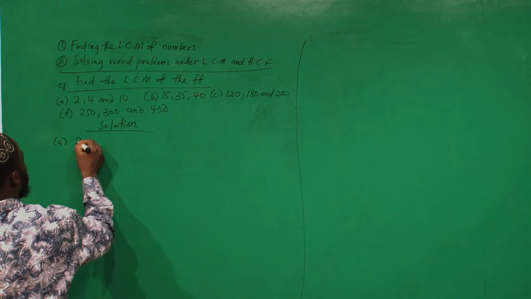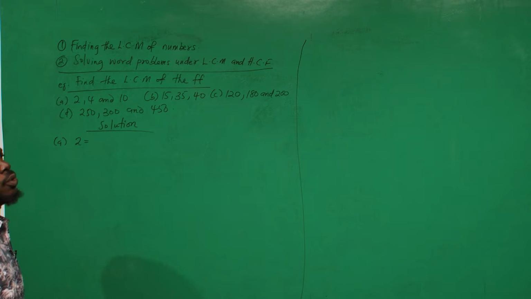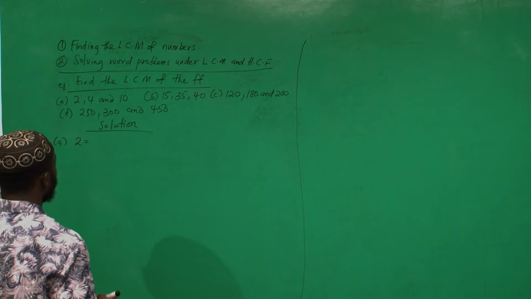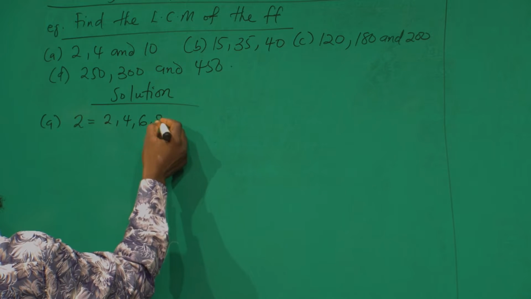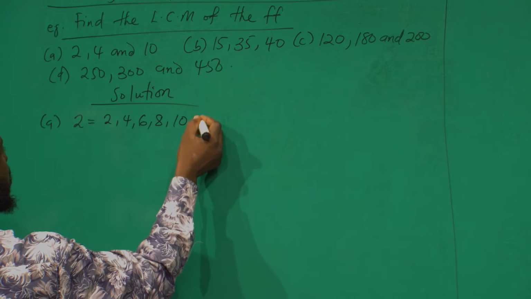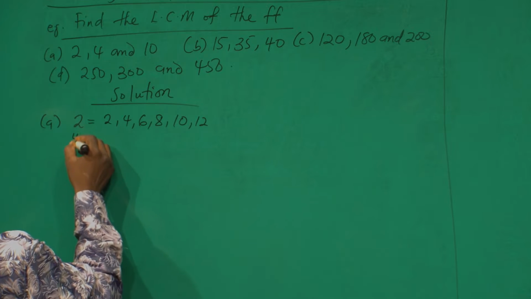A, 2, 4, 10. Now the first method is for you to recite or write down your multiples and find out the least common multiple, which is common to both numbers or all the numbers. So we have 2, 4, 6, 8, 10, 12. We can stop here and take the second number, 4.